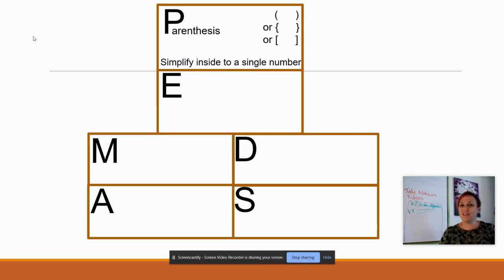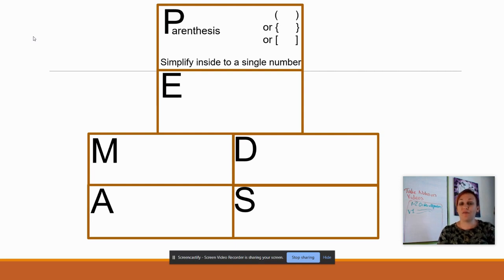And on the inside of the parentheses, you want to take all of the math that's happening and you want to simplify that down to a single number. If it's already a single number in the parentheses, then that doesn't count for this parentheses thing. We're going to talk about that later when we get to the letter M. So again, parentheses means simplify it down to a single number inside of the parentheses or the brackets or whatever's in the problem.